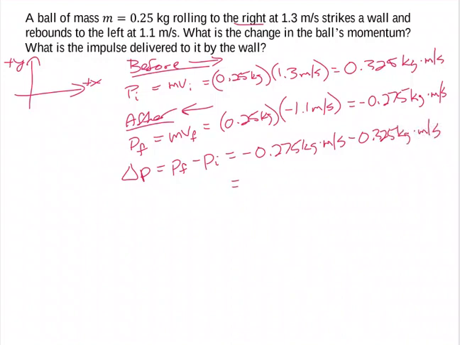So what is this? Looks like negative 0.6. Is it just 0.6? We got two significant figures, negative 0.60 kilograms meters per second.